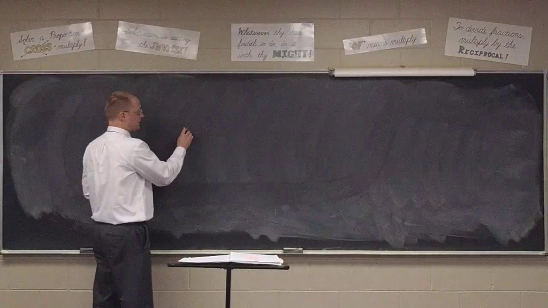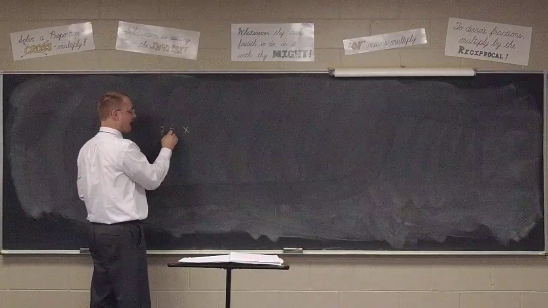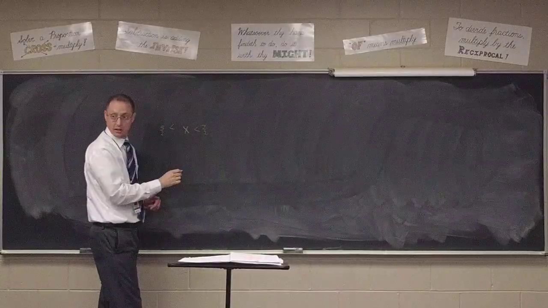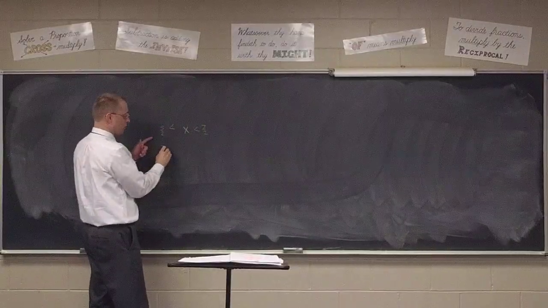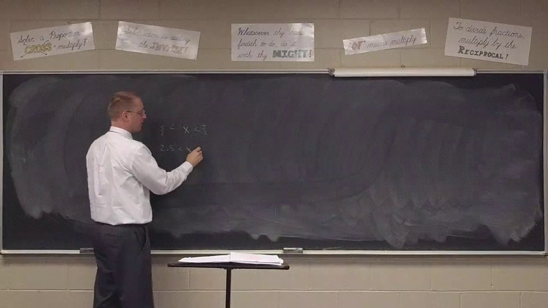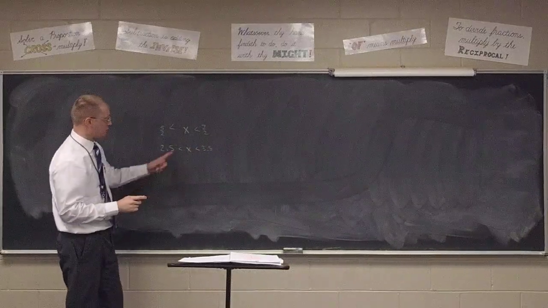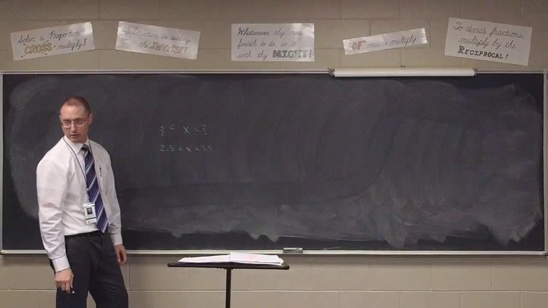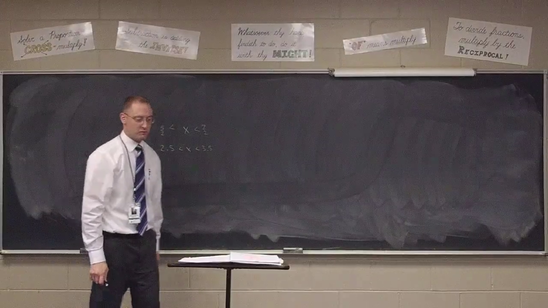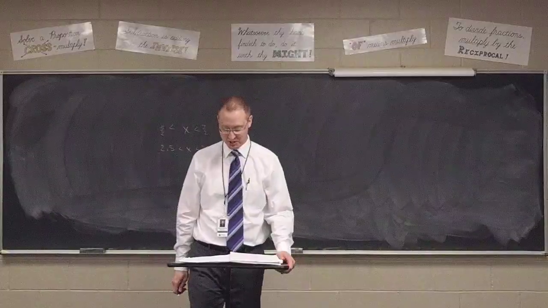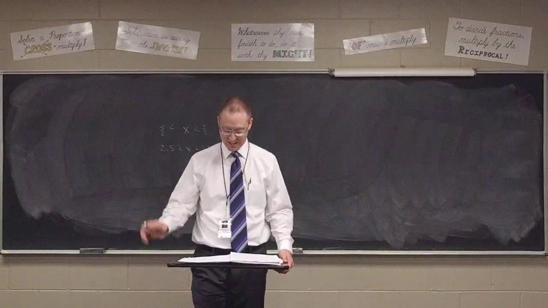You said that x had to be in between 5 halves and 7 halves, right? In other words, 2.5 and 3.5, right? What integer is between 2.5 and 3.5? 3. That's your answer, since it had to be an integer. X should have just been 3 for that one.